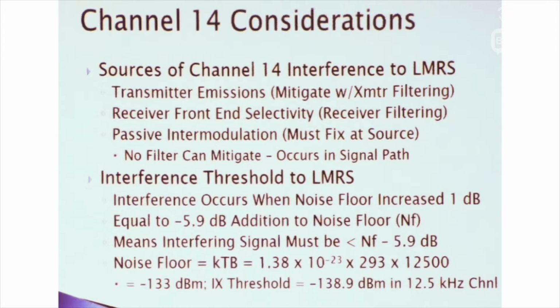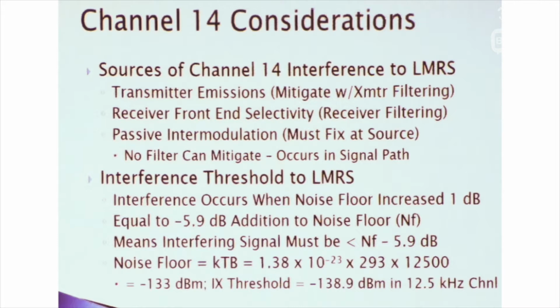So let's look at some of the other considerations about Channel 14, and we'll come back to that condition in a couple minutes. What are the sources of Channel 14 interference to land mobile? For one thing, transmitter emissions, and we can mitigate those by use of transmitter filtering, the mask filter. Receiver front-end selectivity, and we can help that with better receiver filtering.